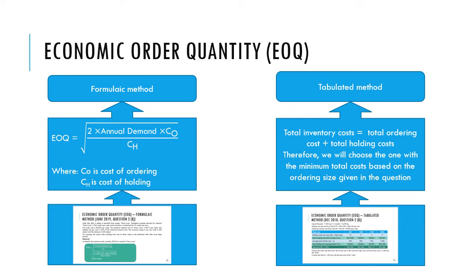The first method that you can use is the formulaic method by using these formulas given to you. So EOQ equals the square root of 2 times annual demand times the cost of ordering, divided by cost of holding stock. Okay, so to make it clearer, let's go to a question.